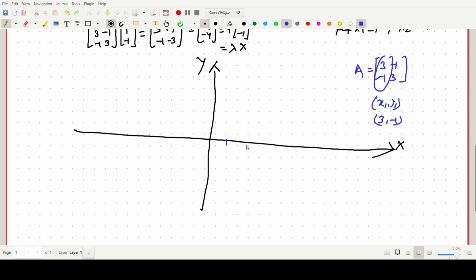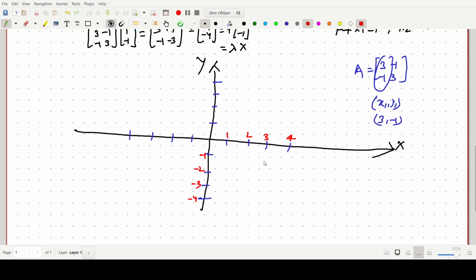So first take 1, 2, 3, 4 on the axis. This is my rough sketch. First I want to add 3, minus 1, so I mark 1, 2, 3, 4 and minus 1, minus 2, minus 3, minus 4.